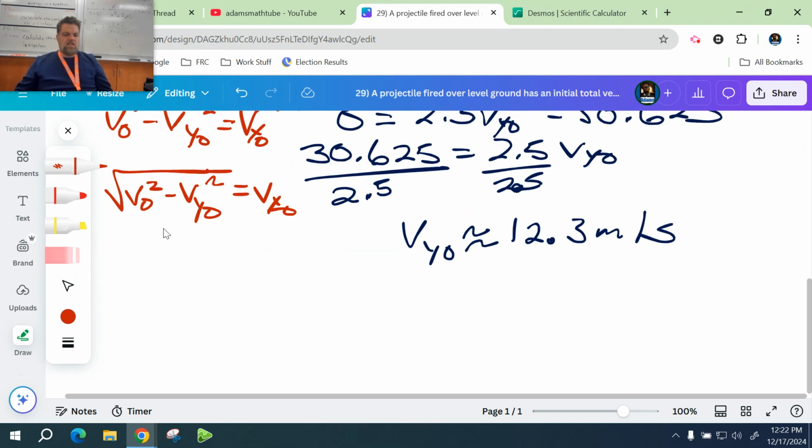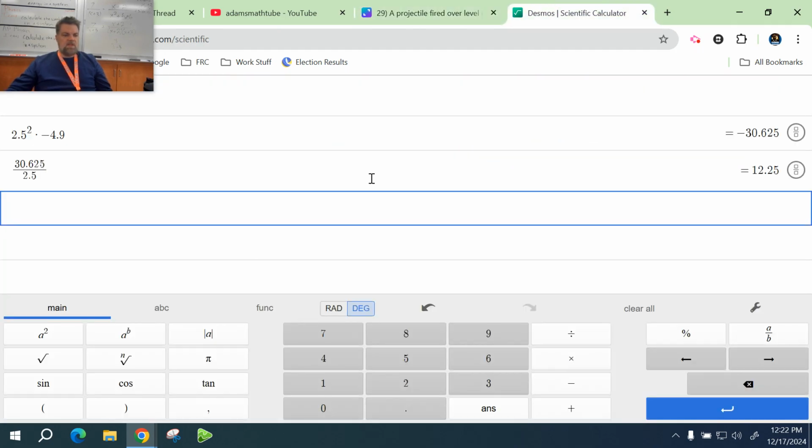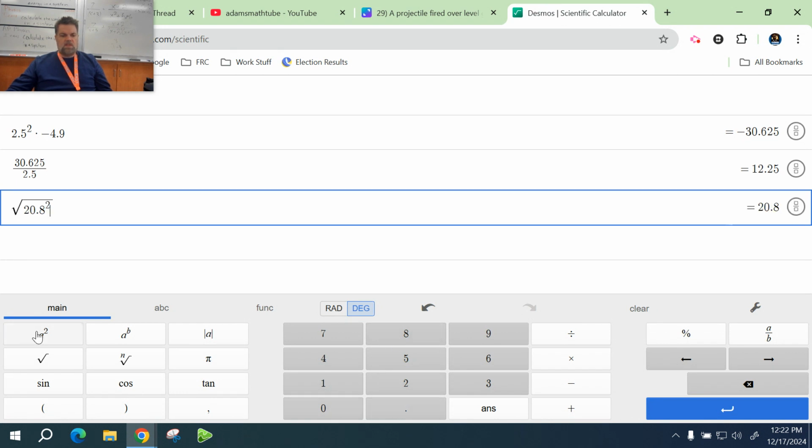So then lastly, we're going to say 20.8 squared minus 12.3 squared, and then we take the square root of all that stuff, and that gives us Vx. So let's do that real quick. The square root of 20.8 squared minus 12.3 squared.